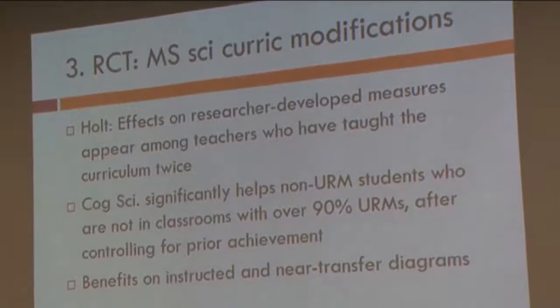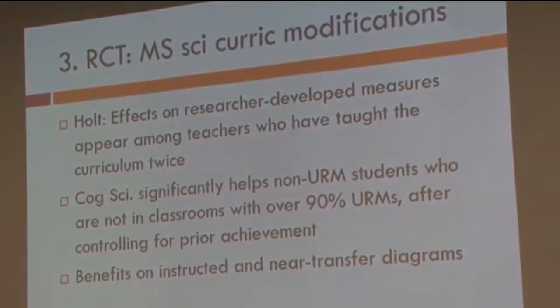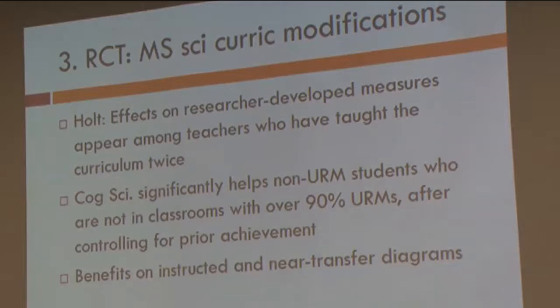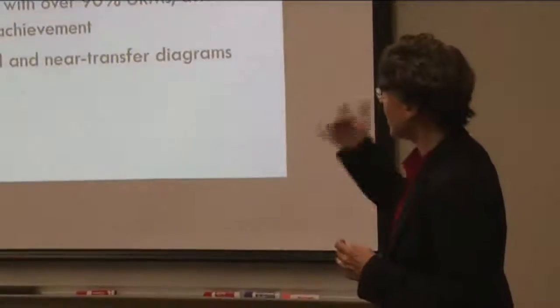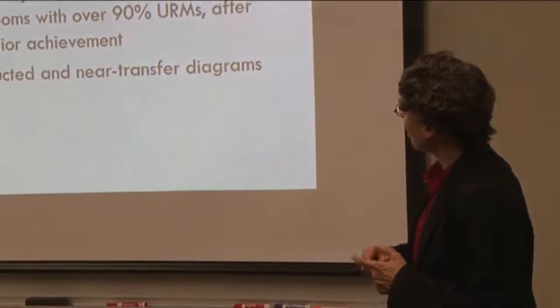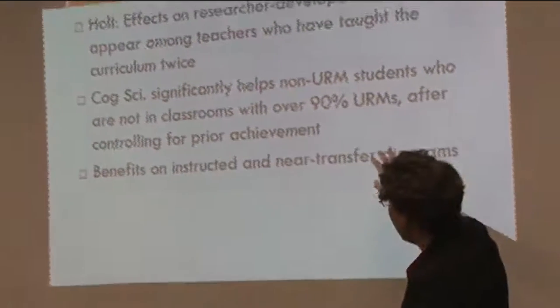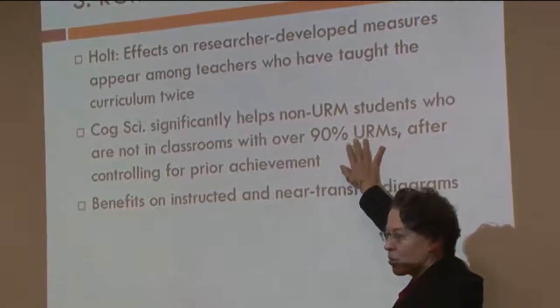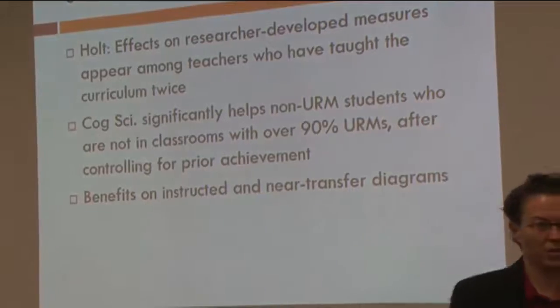So for the traditional curriculum, we got effects only on our measures that we had written, our post-tests. And it was only true when the teachers were teaching the curriculum the second time. And this is a very common finding from RCTs, that teachers really need a whole year of trying it out before they can effectively improve kids' learning. And we also found this interaction with the classes that were highest in underrepresented minority students.